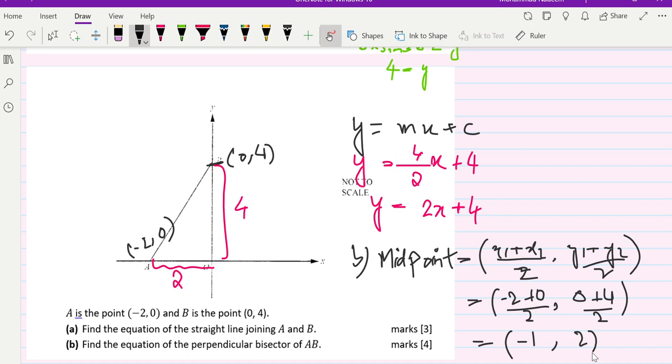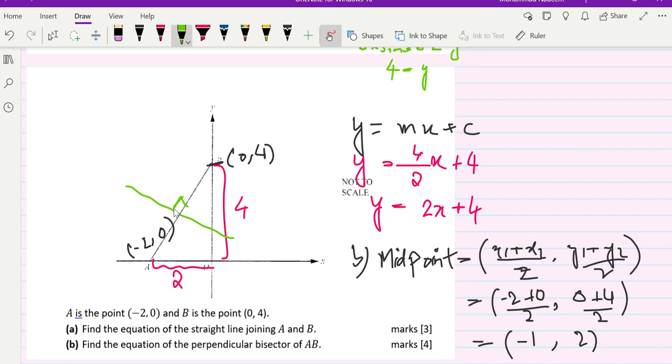After getting the coordinates of the midpoint, we should know the y-intercept. The perpendicular line will be passing through the midpoint of this line. It means this is the line, and they will be making a 90-degree angle as they are perpendicular to each other. So the line is passing through (-1, 2). Let's work out the gradient first.